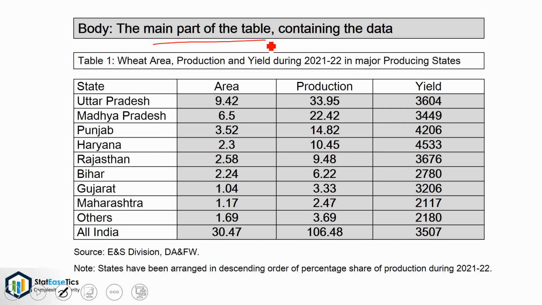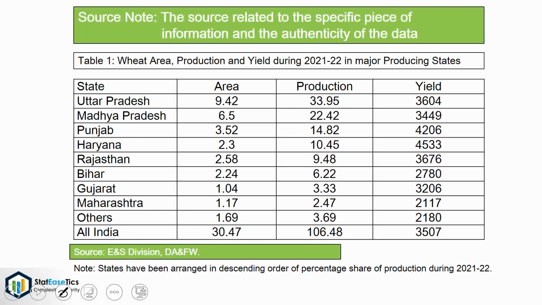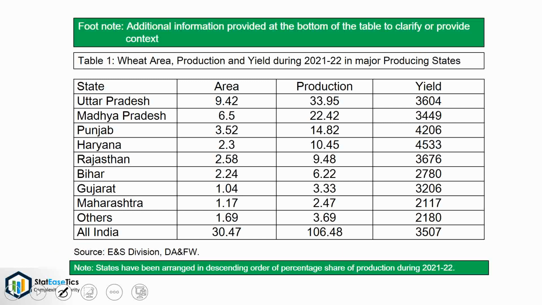The main part of the table containing the data is called the body. Source note tells the source related to the specific piece of information and the authenticity of data. Footnote gives the additional information at the bottom of the table to clarify or provide context.